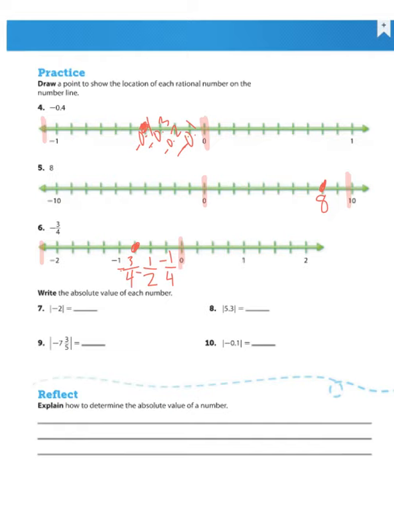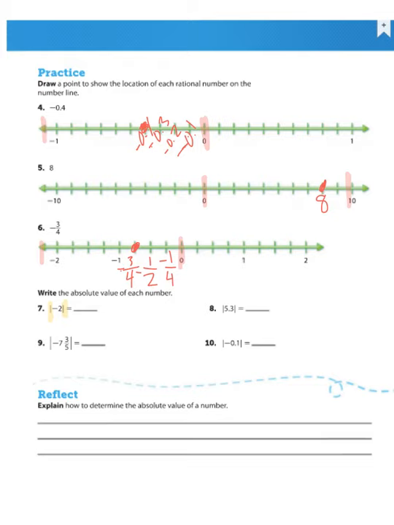All right, then 7, 8, 9, and 10. You just have to write the absolute value of each number. And let me check on yours here. Yes, you do have to type in the number on yours. So remember, when it's a negative, you're going to change it to a positive. But when it's positive, it's going to stay positive. So the absolute value, and remember those lines there, those lines here, that means they're looking for the absolute value.